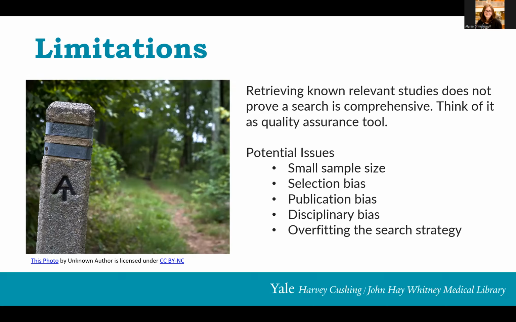Known relevant studies are often highly visible studies, because you're not doing deep dives to find these, right? We're really looking for those that are coming back from a very precise search. Evidence synthesis, though, should attempt to identify all relevant evidence, including studies that may be less visible.